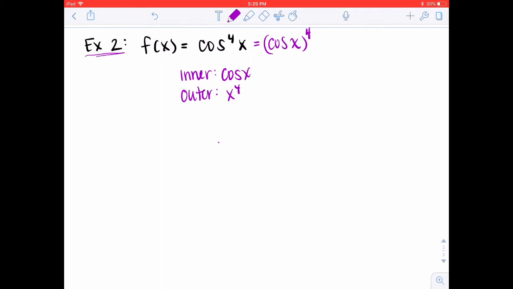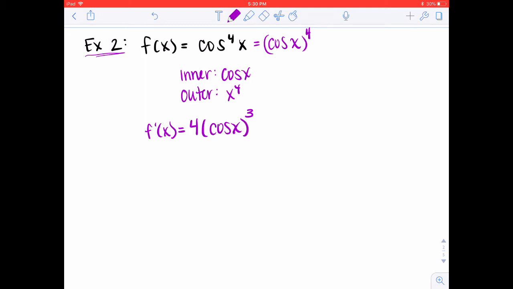Once again, we take our derivative. f prime of x is the derivative of the outer, x to the fourth, so 4 times, leaving the inner in there, and subtract 1 from the exponent to get the power 3.